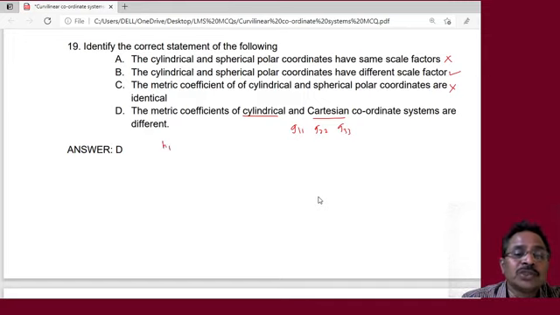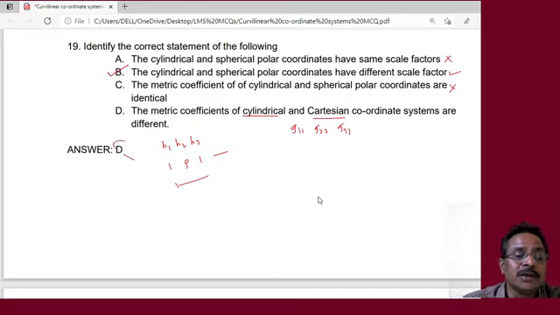For cylindrical, h1, h2, h3 is given by 1, rho and 1, and for spherical it is different again. We can calculate this. So for question number 19, the correct answer is option B.